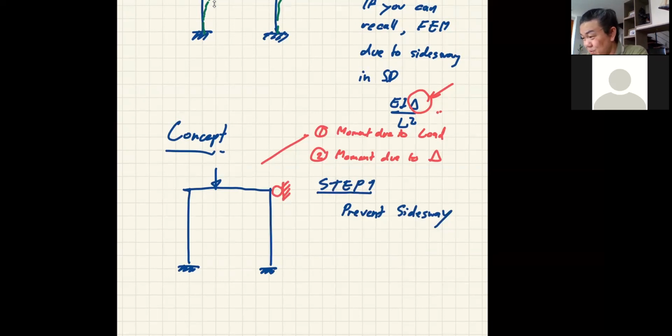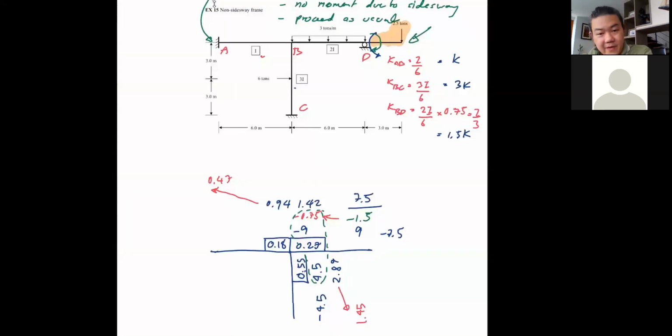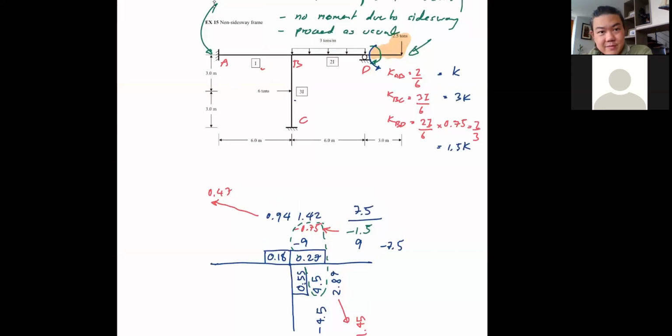But let's say, because I usually draw a hinge, let's draw a hinge. Now, if I provide the lateral restraint like this to the frame, this frame becomes similar to this frame, correct? Because it has lateral restraint. So you can proceed and perform the moment distribution to obtain the moment like this.